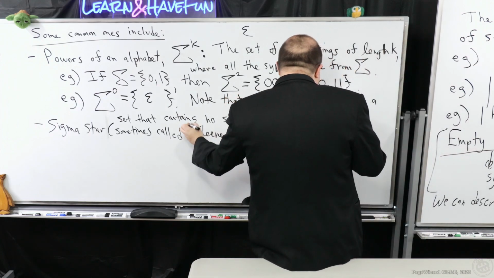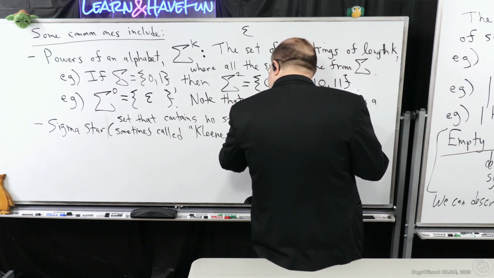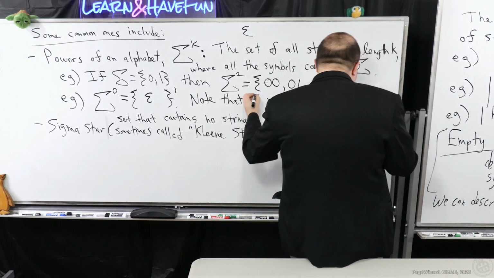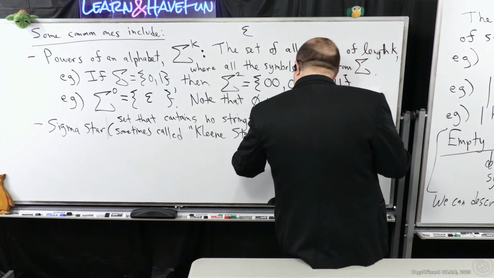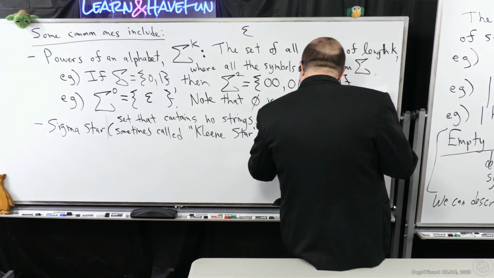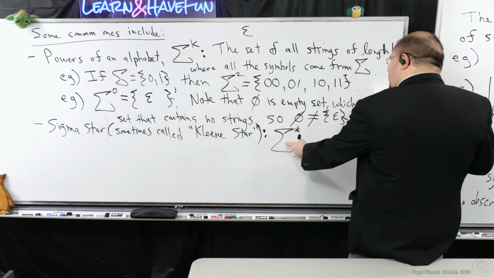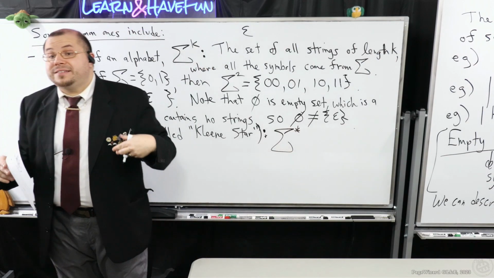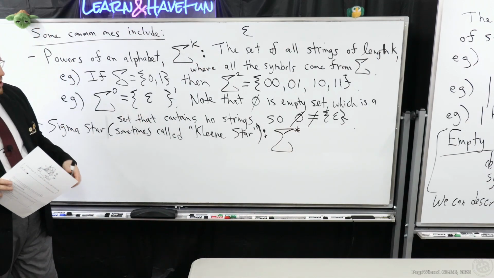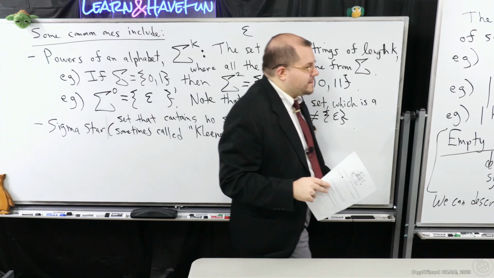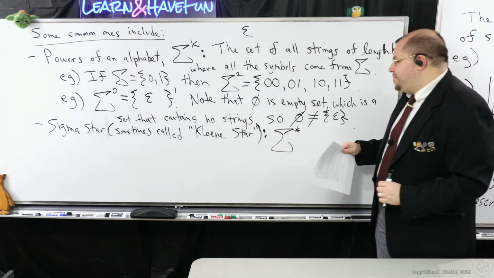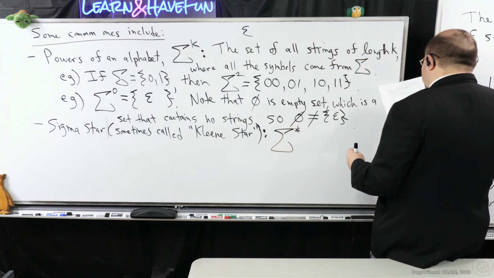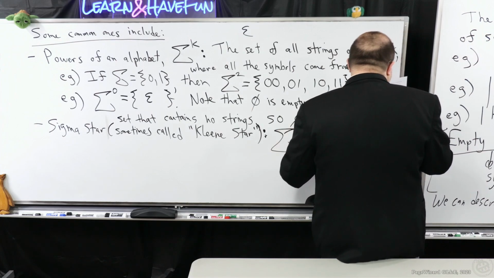So anyways, let's define what this is. I must stress that this is often written like this. You have the alphabet, and you raise it to a star. So some will just abbreviate this using a star operation on this set. So instead of it being a number, it's just a star, okay? An asterisk.